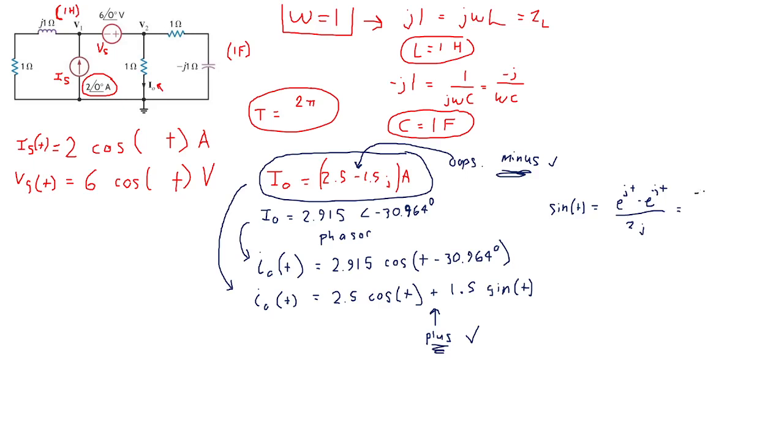It's because in Euler's identity, sine of t is equal to e to the jt minus e to the minus jt over 2j, times minus j over 2.